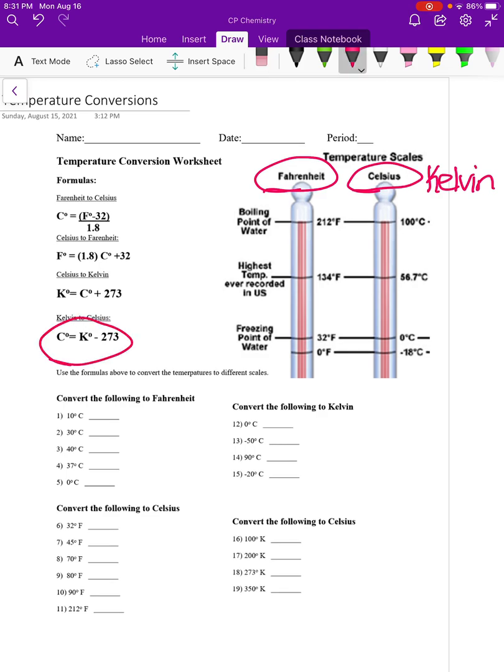Like if you were given 0 Kelvin, I'm sorry, I'm reading this and it's just messing with me, but 0 Kelvin minus 273, so you would get negative 273 as Celsius, and then you would take that and plug it into here, the negative 273, and multiply it by 1.8 plus 32, and then you'd have your Fahrenheit. Or if you were given Fahrenheit, you would plug it in here first, get your Celsius, and then plug that into here. So just know that you have to do 2 steps if you want to go from Kelvin to Fahrenheit or Fahrenheit to Kelvin.